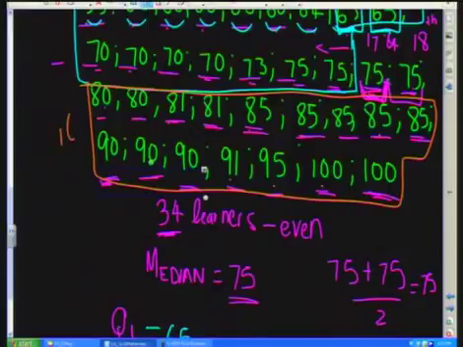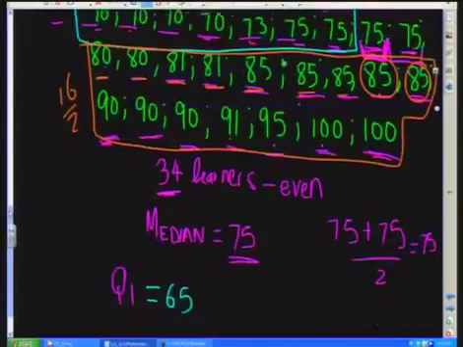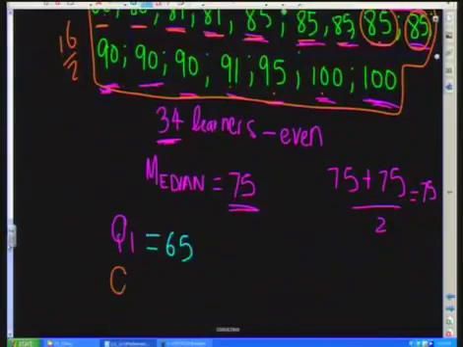It has to be 16. Divide by 2, exactly the same thing. It's between position 8 and 9. 1, 2, 3, 4, 5, 6, 7, 8. That's position 8. That's position 9. Take those two values, add them, divide by 2, and you get your upper quartile is 85.